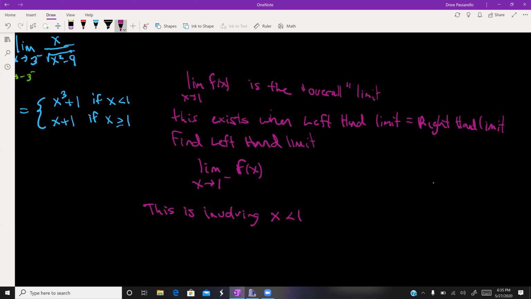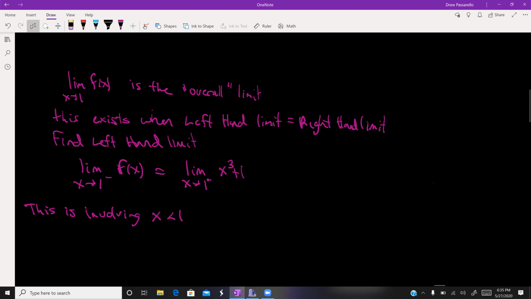And if I'm approaching from the left, or x less than 1, I'm only dealing with the top piece, x cubed plus 1. All right, and I just plug in 1, see what that gives. So that's going to be 1 cubed plus 1, which equals 2. So the left-hand limit's 2.